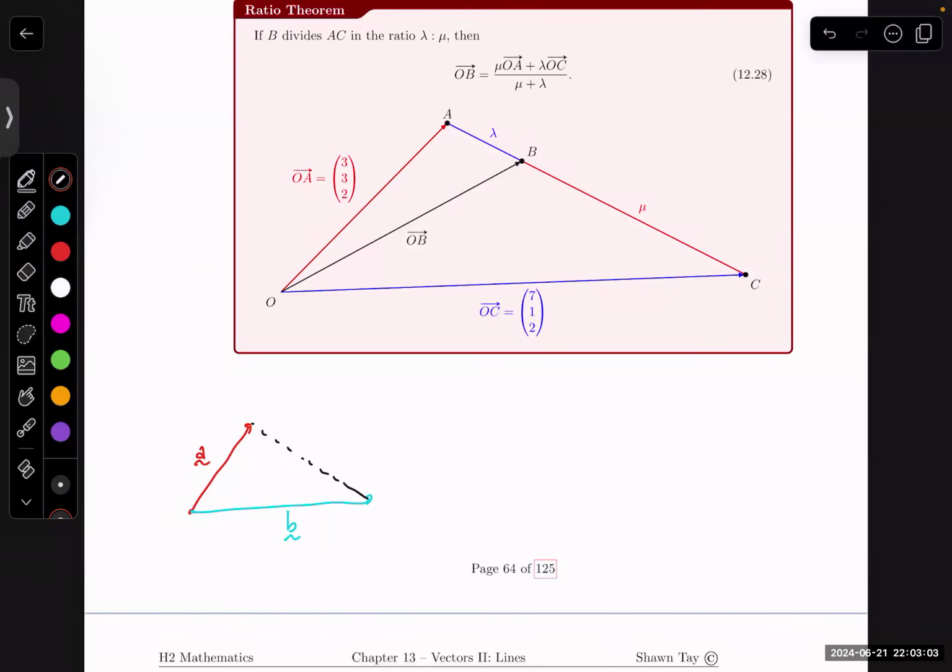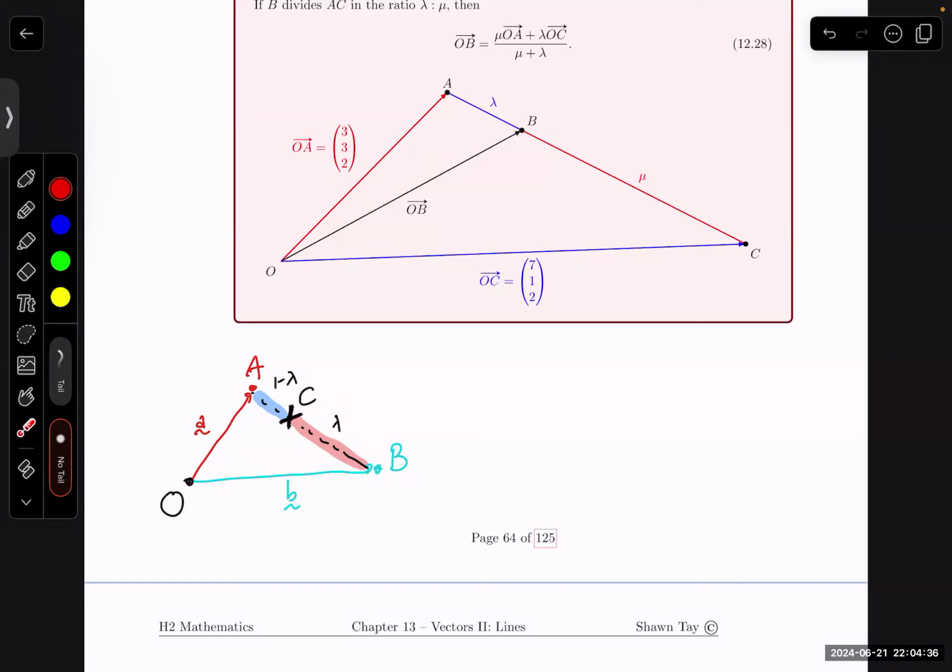This used to confuse me a little when I was a student, but when you call things lambda and 1 minus lambda, the whole thing added together, 1 minus lambda plus lambda, is just one whole. That means lambda is a fraction, like maybe 2/3. So the red part is 2/3 of this whole dotted line. Whatever it is, there's no need to understand it. Just draw out this picture.